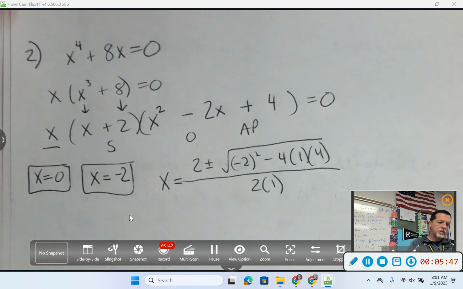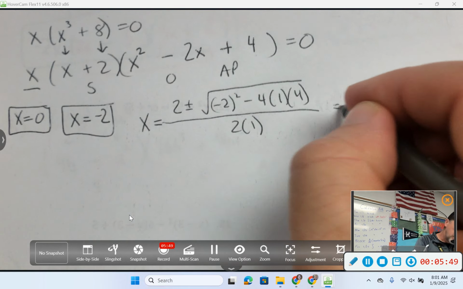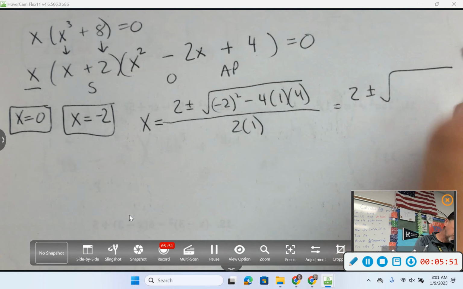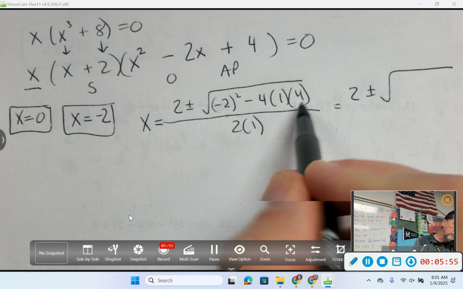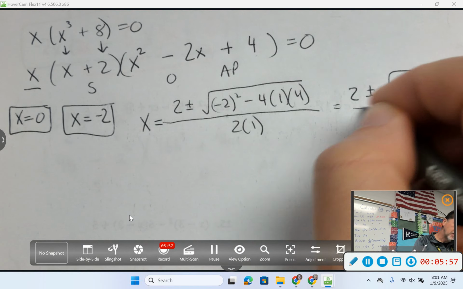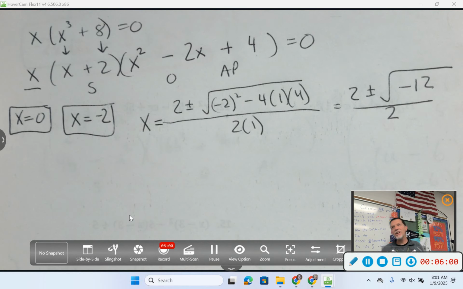Singing always helps. Let's see, 2 plus or minus square root of 4 minus 16. Ooh, negative 12. That means there's an imaginary. What a great problem. We get to use all these things that we've learned. It's so fun.